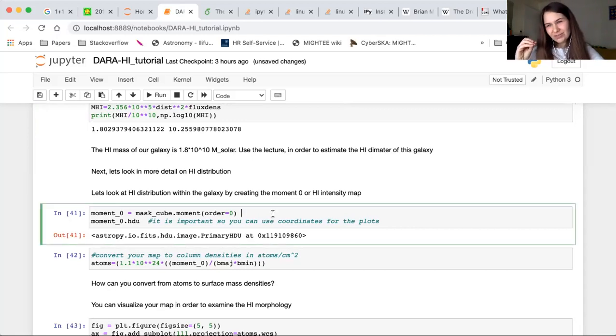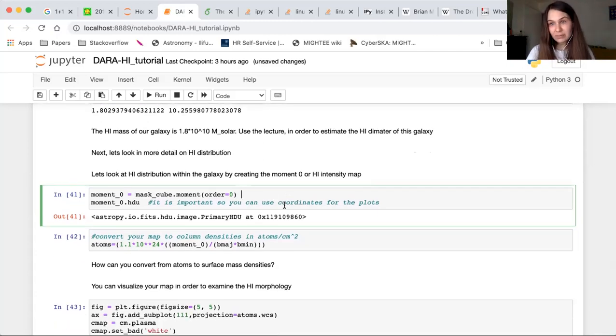So in order for us to understand the details of how this mass is distributed within the galactic disk, because now we know just one value and we saw the spectra, but we would like to see what is the intensity of the arms and what is the density of the little component, we can create the so-called moment zero map or HI intensity map, where basically you create a map of every pixel combined together, not as a function of every channel anymore, but just as a 2D map.